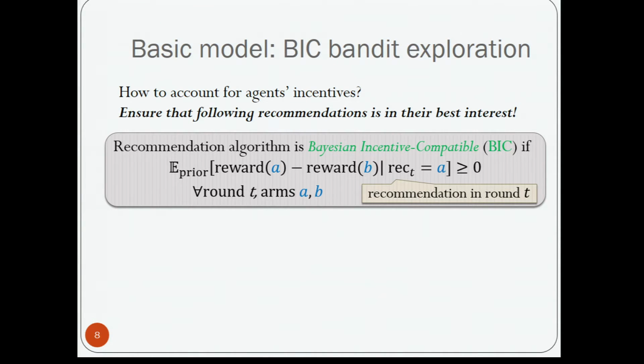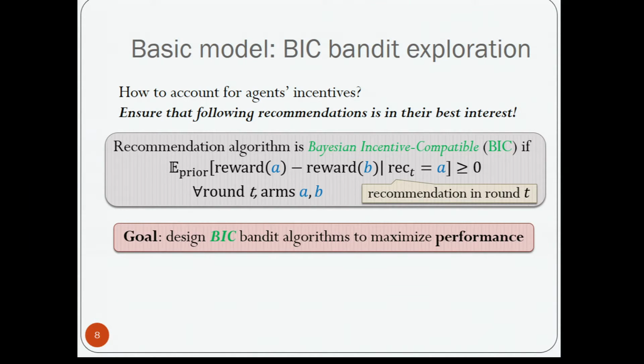We want that to hold for all actions and all rounds. If an algorithm satisfies it, we call it Bayesian incentive compatible. So that's the constraint that we want.